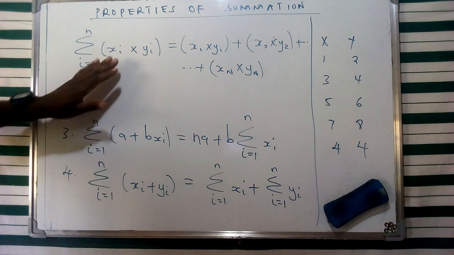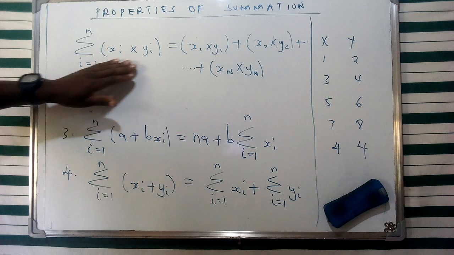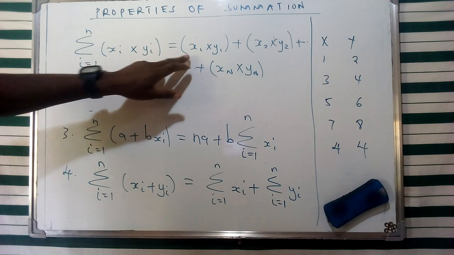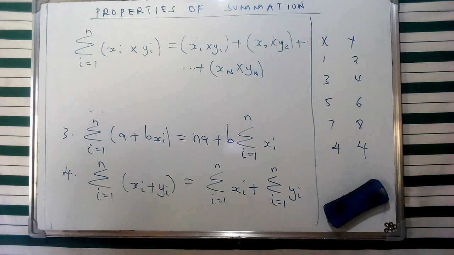So in case we come across a product of these two unique ranges of observations for x and y, this is how we're going to treat that summation using the representation which I have given on the board.